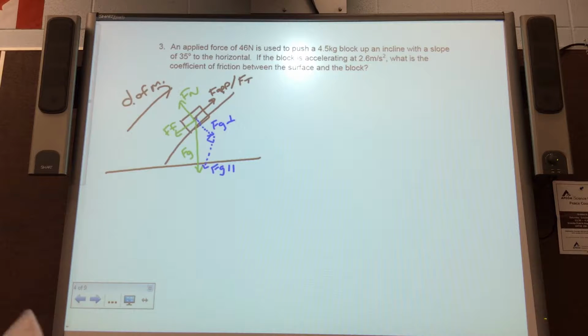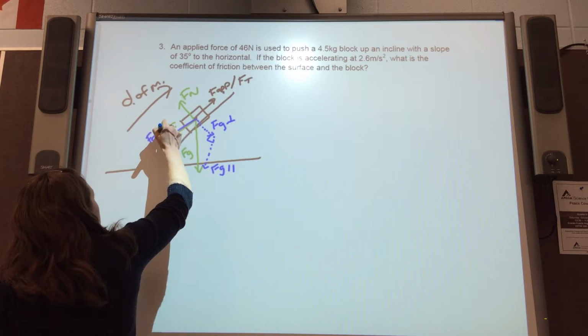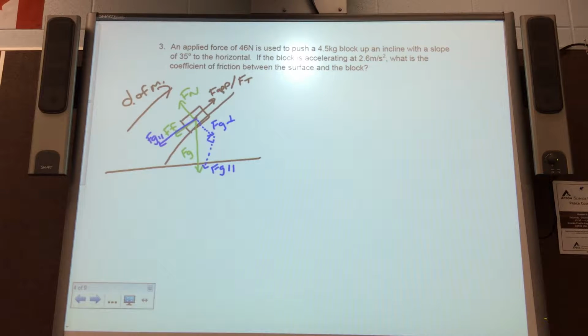Okay, so then I can add in one more thing onto this diagram. I can add in that I do have FG parallel here. I just incorporate it into actually attaching that force to my object.